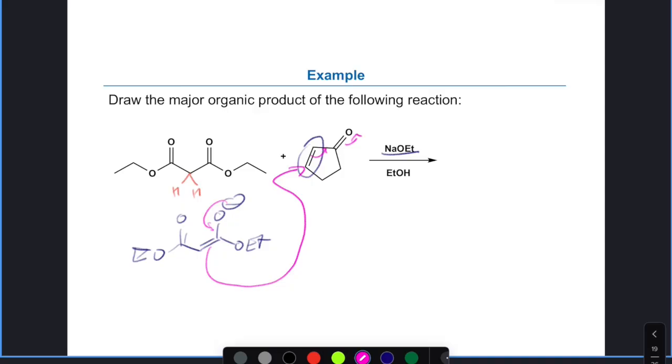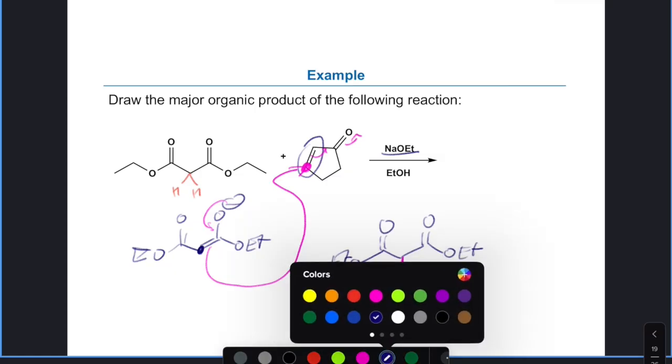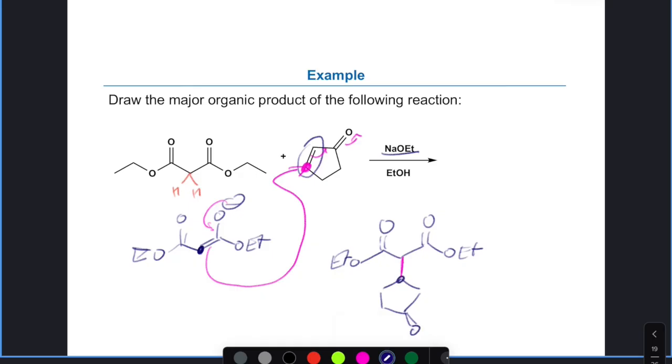So if we're trying to target which centers end up where, that's my nucleophilic carbon. This is my electrophilic carbon. I redraw the nucleophilic fragment. That's my electrophilic center that I've added to.